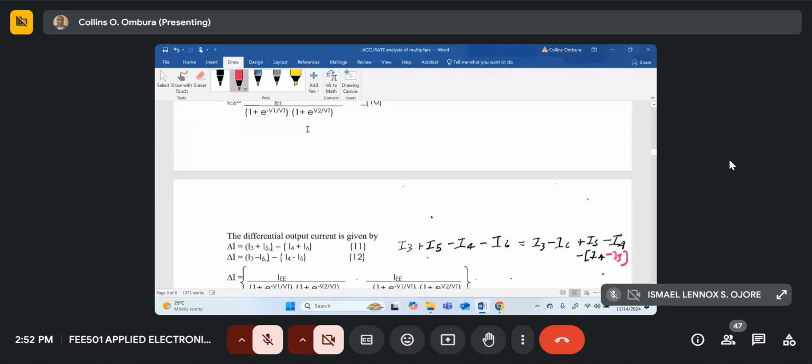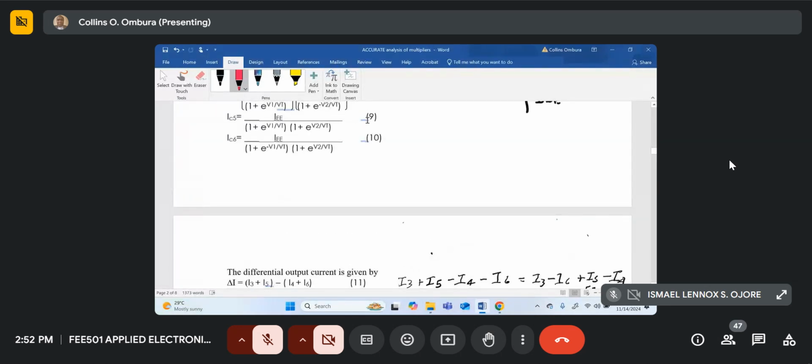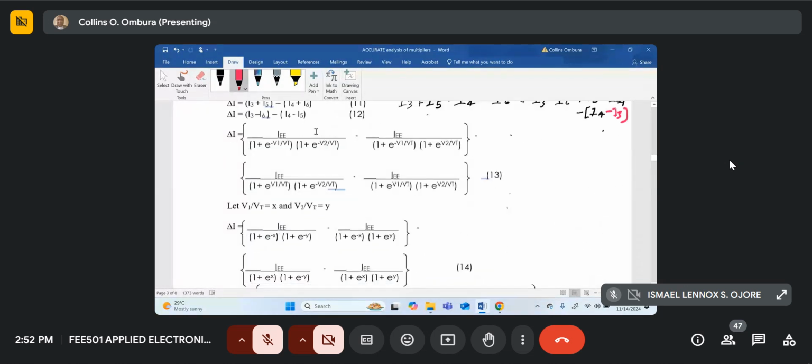Equation 9 is IEE, 1 plus e to the positive V1, 1 plus e to the positive V2. So we have it over here.